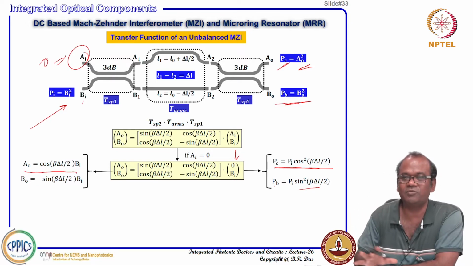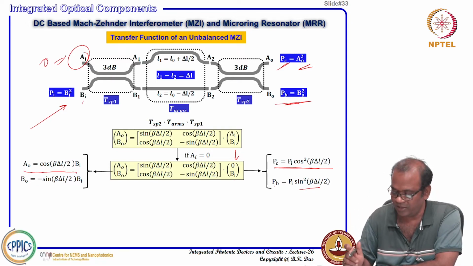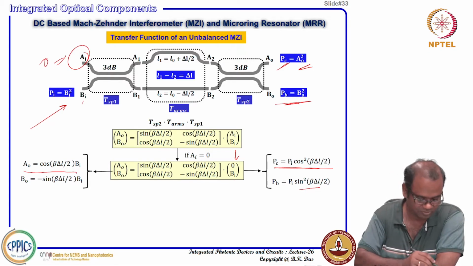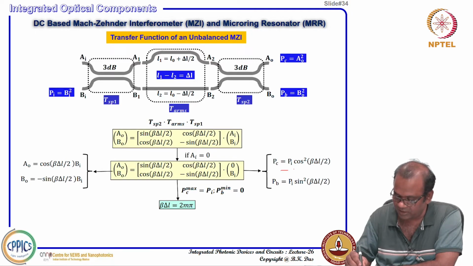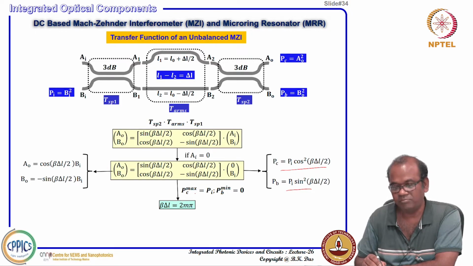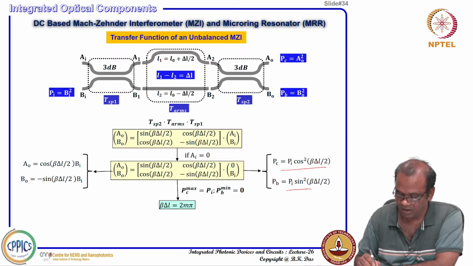So, they are actually simple, straightforward. Once you know the transfer matrix, you know what power you will be getting, and depending on the delta L I can find out what the value is. Now, let us concentrate here. Suppose I want to get the cross port maximum, Pi, and the bar port 0.